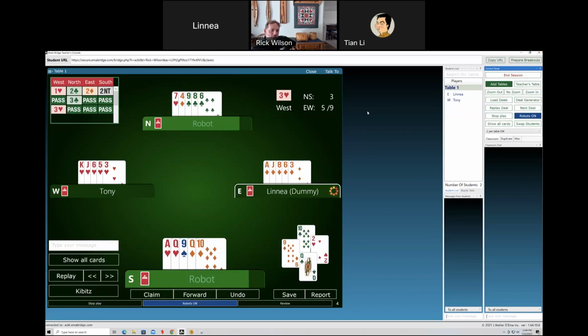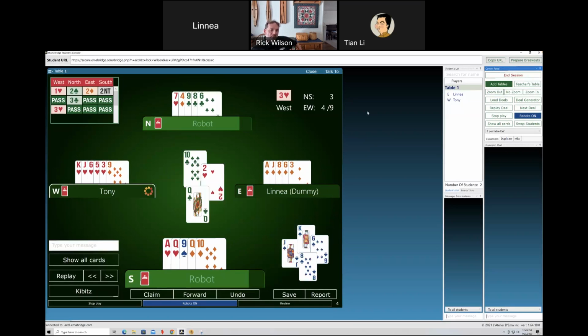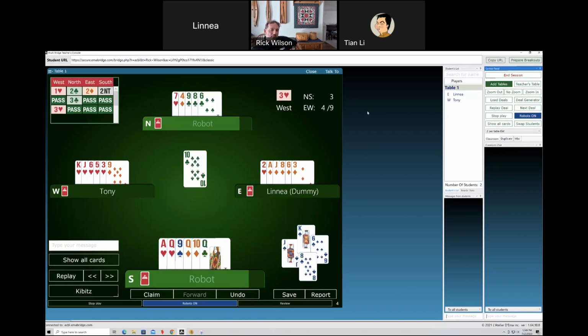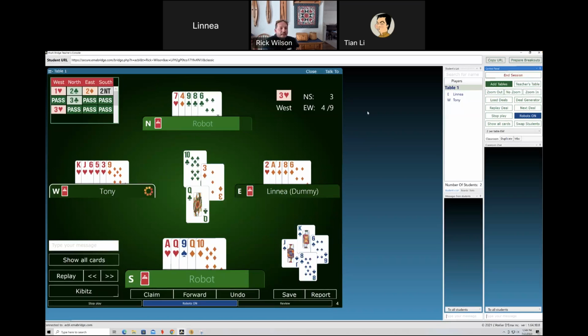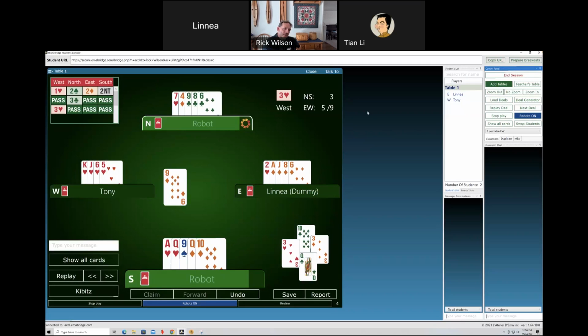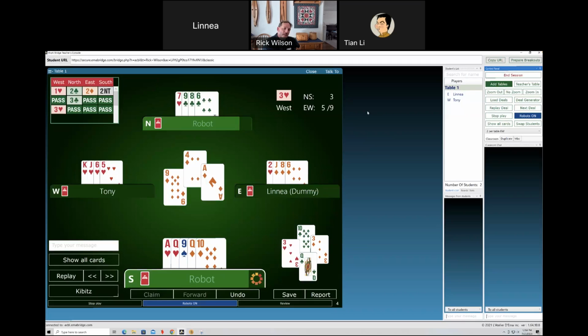Had I gone ahead and roughed it in that last trick, and rough that in your hand instead, because you want to go back to your ace of diamonds and be able to lead your 2 of hearts. That's your only way to repeat your finesse.